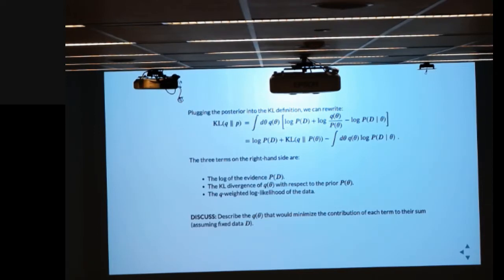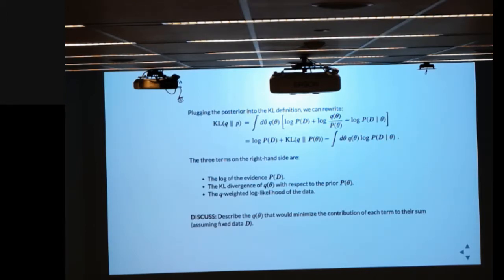The prior we know, you chose the prior. So the first is the log of the evidence, the thing we don't know how to calculate. The next is the KL divergence of our family with the prior. And the last is the Q-weighted log likelihood of the data. You know how to calculate this, and you chose this.